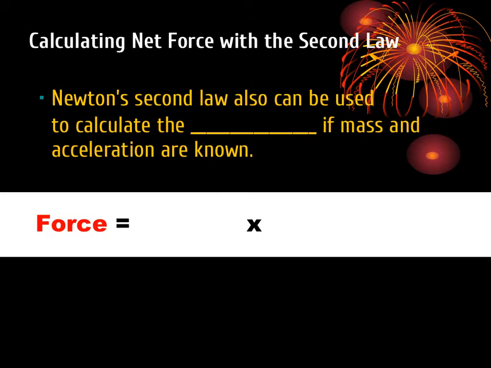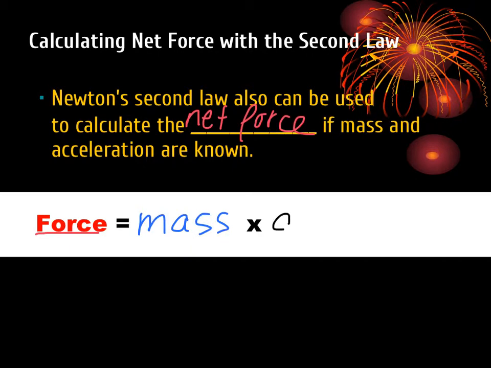Now I can manipulate that formula a little bit if I need to solve for net force. If I want to know the overall force acting on an object, and I have the other two variables, mass and acceleration, I can do so by taking mass times acceleration. Knowing those two, I can then calculate out the force.